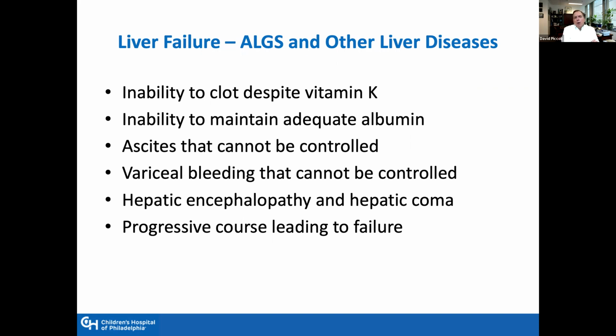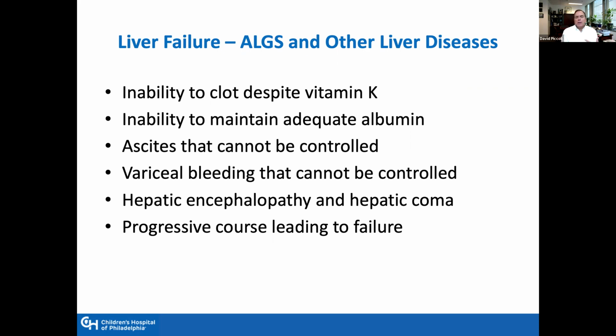So what constitutes liver failure in Alagille syndrome? It seems like this should be easy to really define, you know, as on this side making it, on this side failure, but it's really shades of gray.